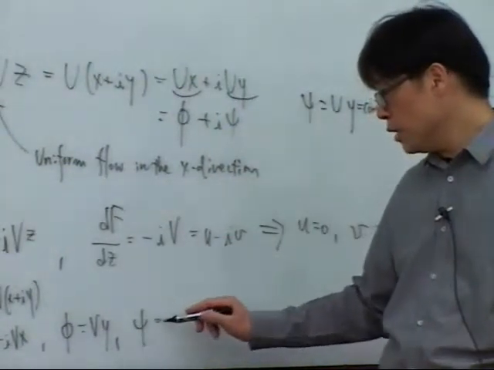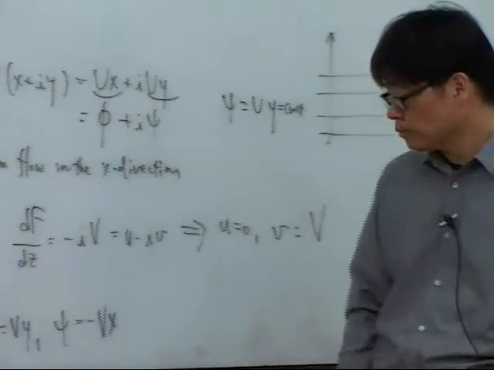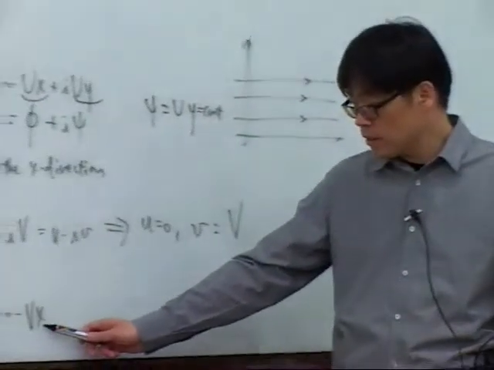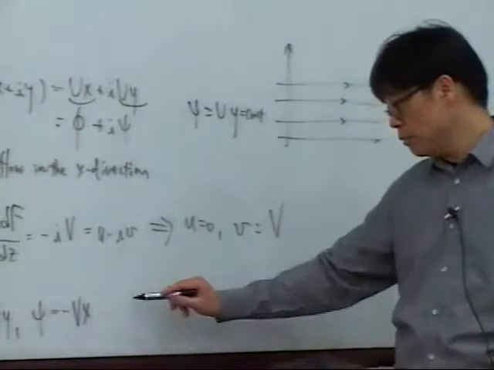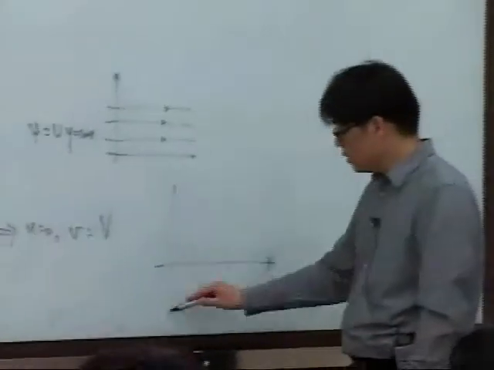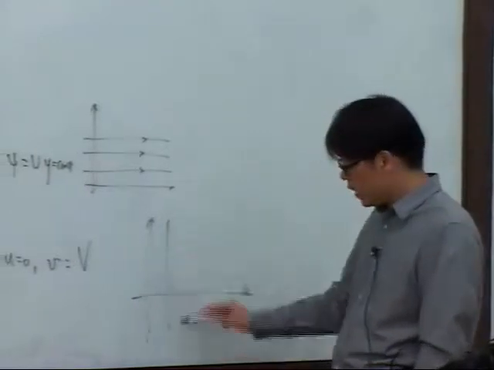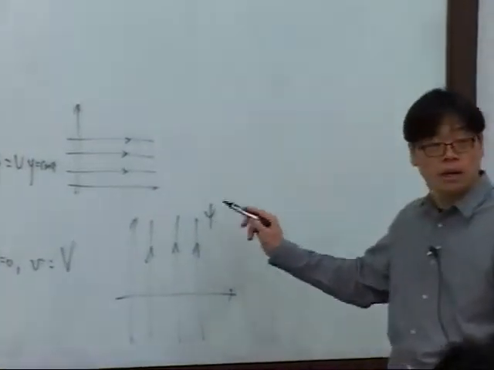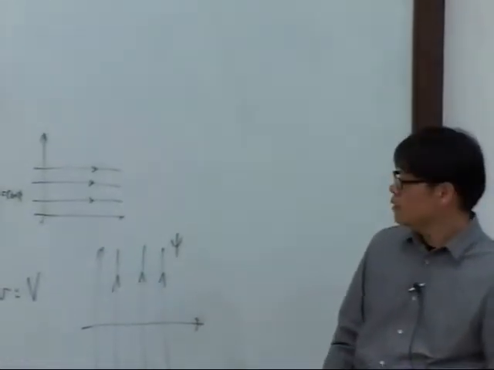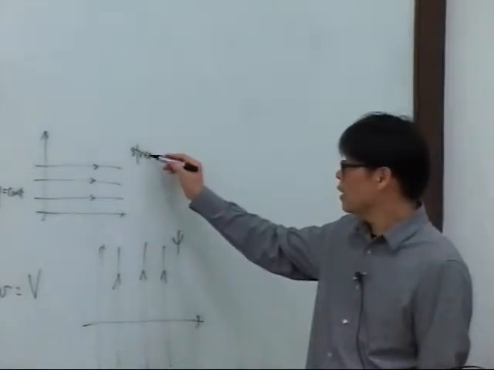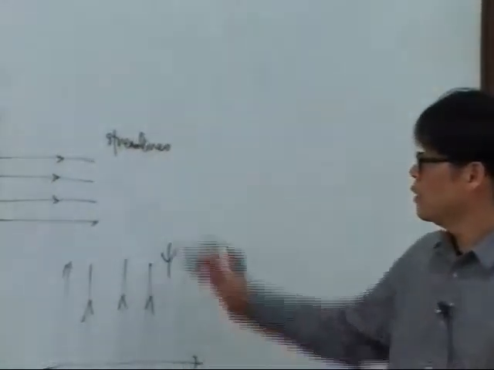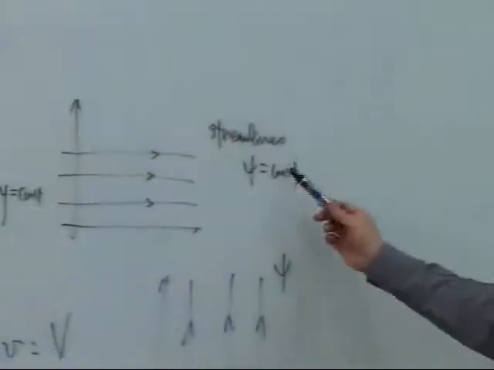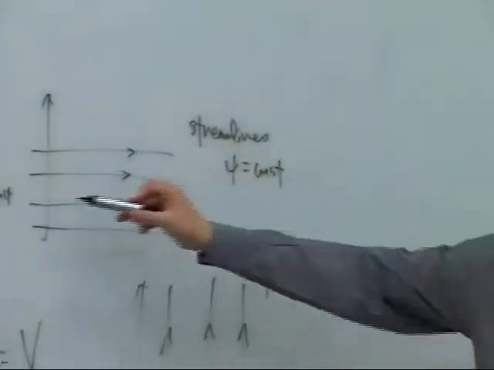And the stream function is minus Vx, which means if you fix x, then psi is constant, meaning that streamlines are the lines where x is constant. So these are the streamlines, which are psi equal to constant. By changing the constant, you can draw many streamlines.